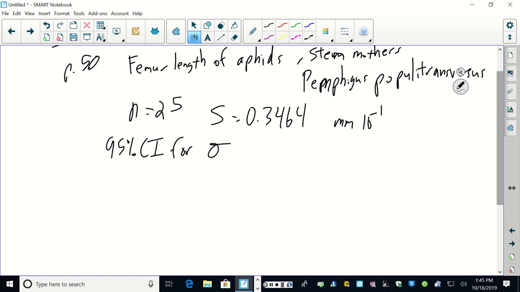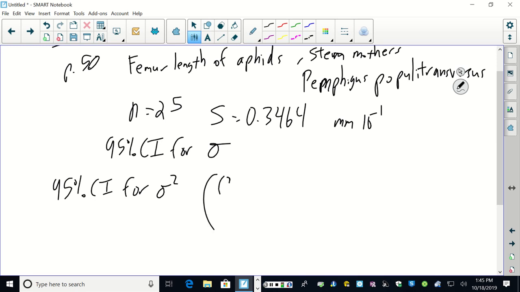So, what's the confidence interval? Well, with n equals 25, this is sigma. We can do first a 95% confidence interval for sigma squared. That's the formula we worked out.